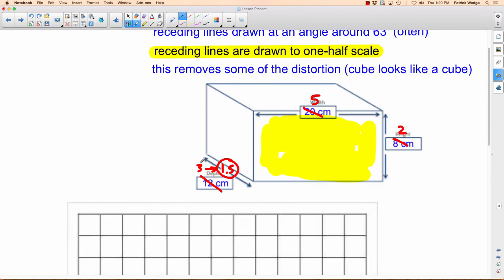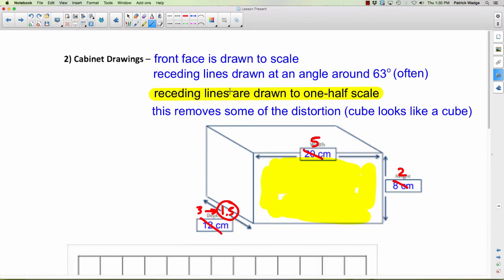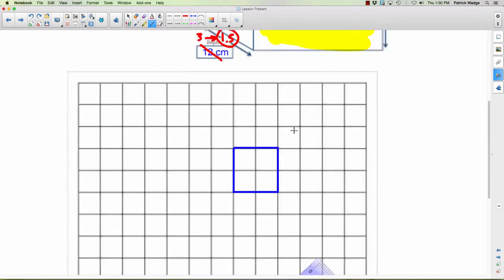Okay, let's try that cube, the 2 by 2 cube. So it's 2 this way, 2 this way, 2 this way, and 2 this way. And again, because these are all centimeter squares, I have to go back 2. No, wait a minute. I don't actually go back 2, do I? Because this is a cabinet drawing, I go back half as far, so I'm actually only going to go back 1 centimeter.